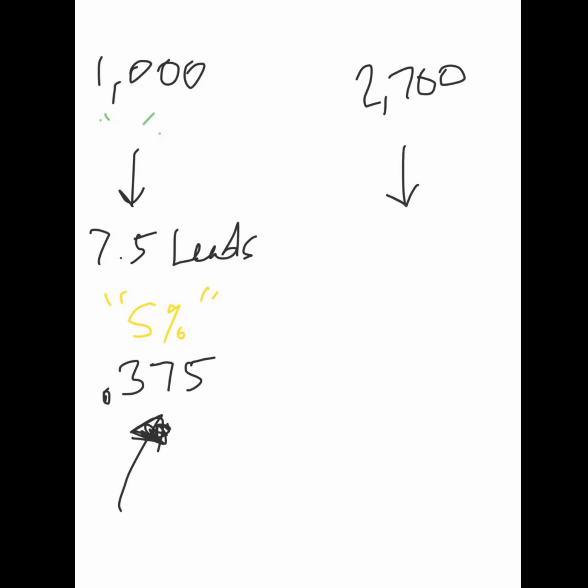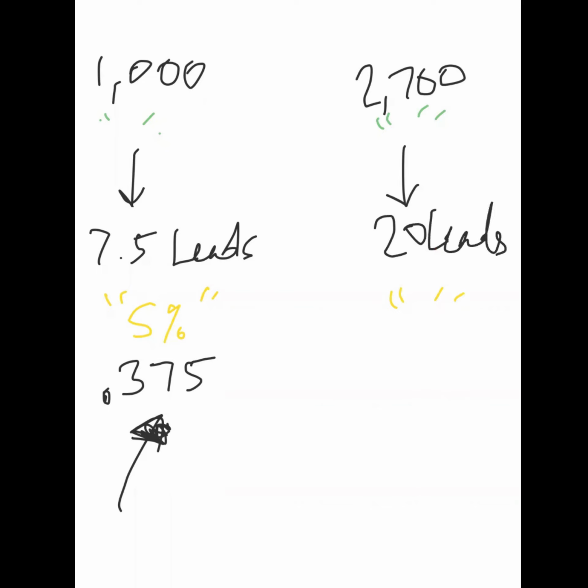I'll put that right here, and I'll put this yellow part right here because this means that it's the same. But what changes is this. It goes from 2,700 to about 20 leads.